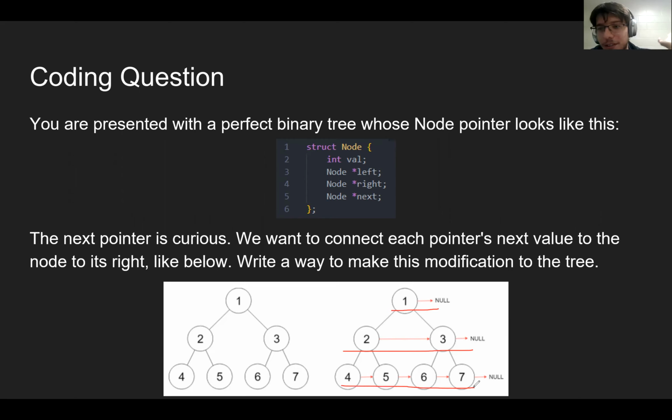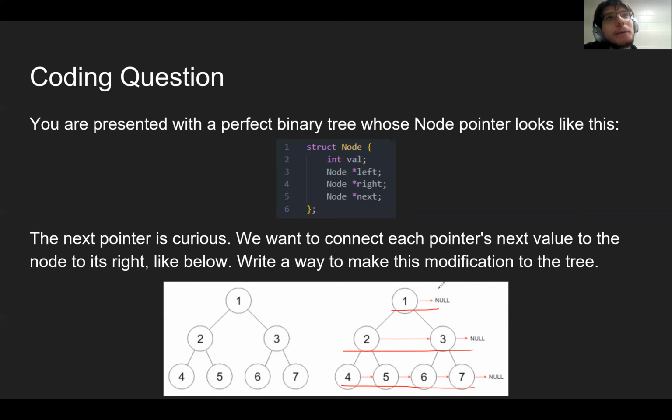So if at any point I say something and you think, oh yeah, I think I can try and figure this out for myself, you can totally go ahead and do that. So maybe that makes sense, but if it doesn't yet, that's okay. Notice that we get to this null after going through everything in a level, and we're connecting together everything in the level one by one.